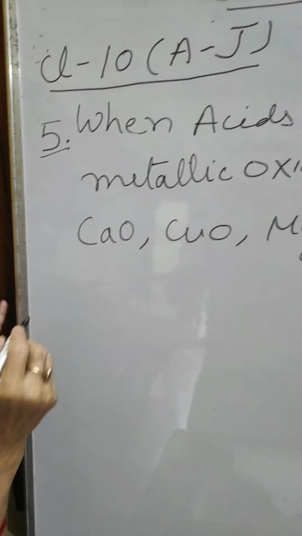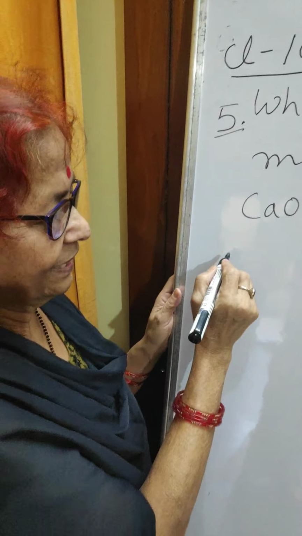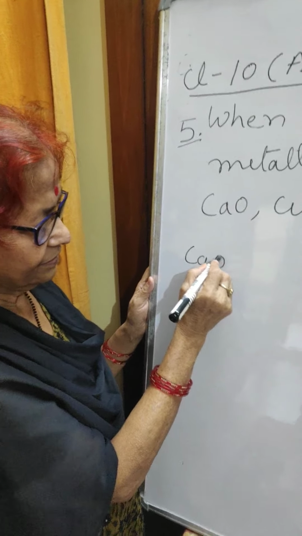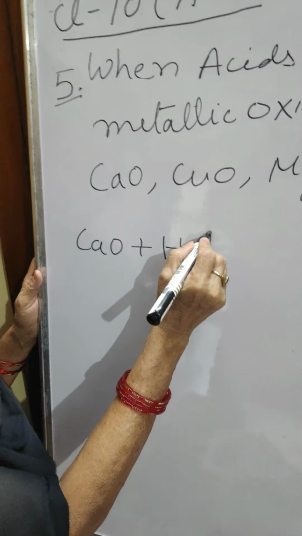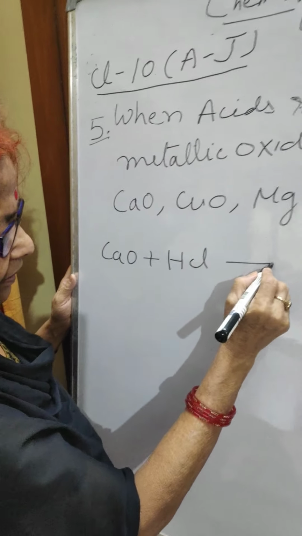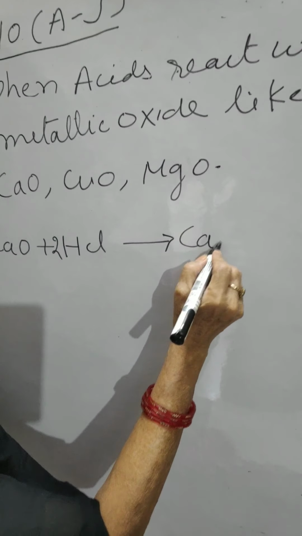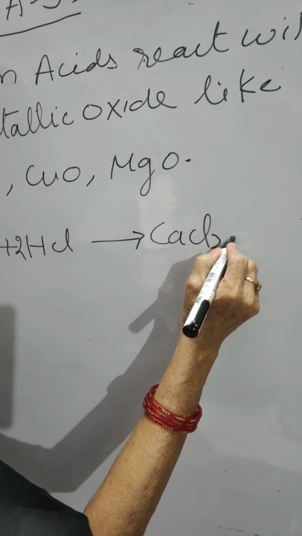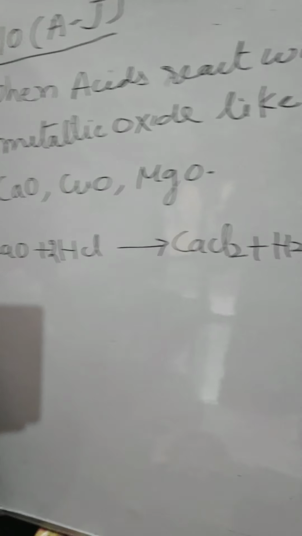Now, when this calcium oxide, CaO, reacts with hydrochloric acid, it will form calcium chloride plus water.